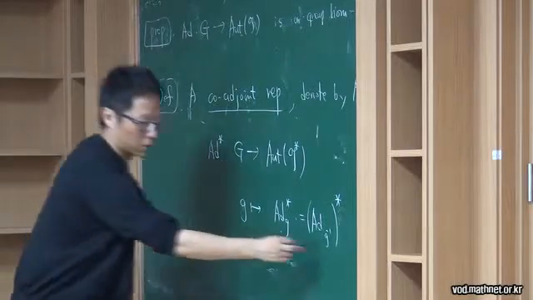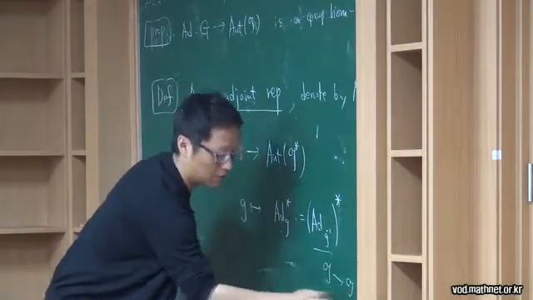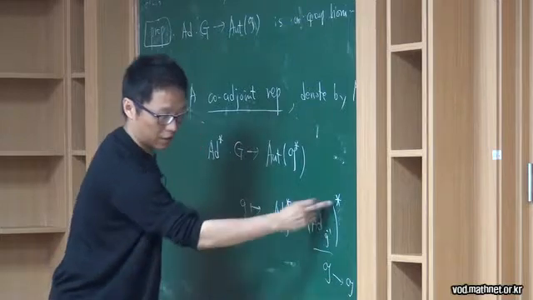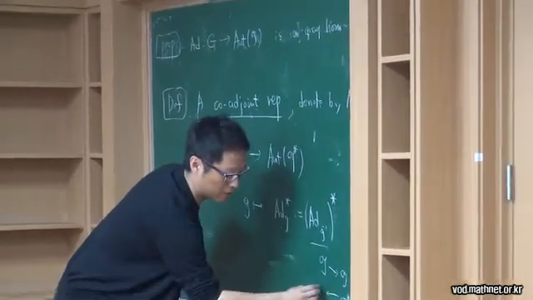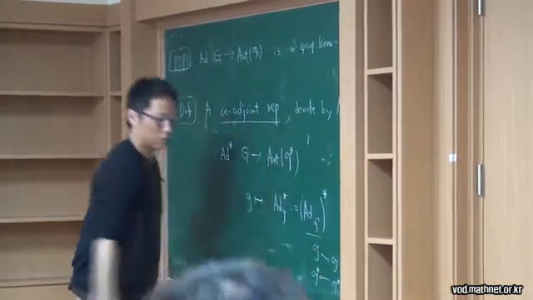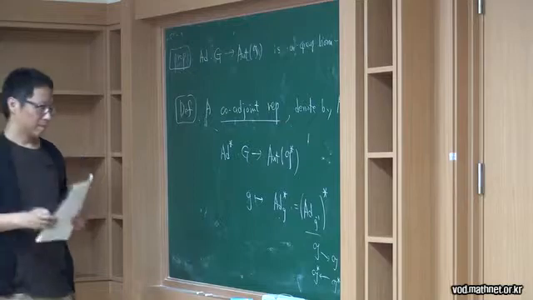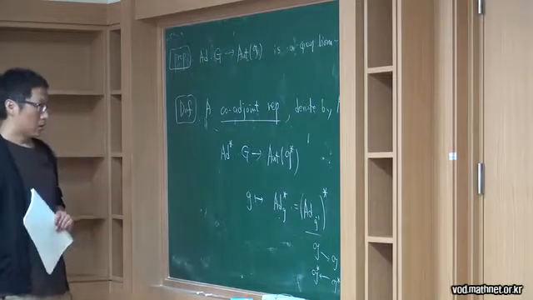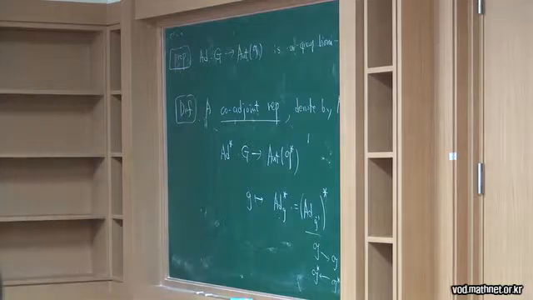So this one maps the Lie algebra to the Lie algebra, and when we take the dual, we get an automorphism from the dual to the dual. This is the definition of the co-adjoint representation.